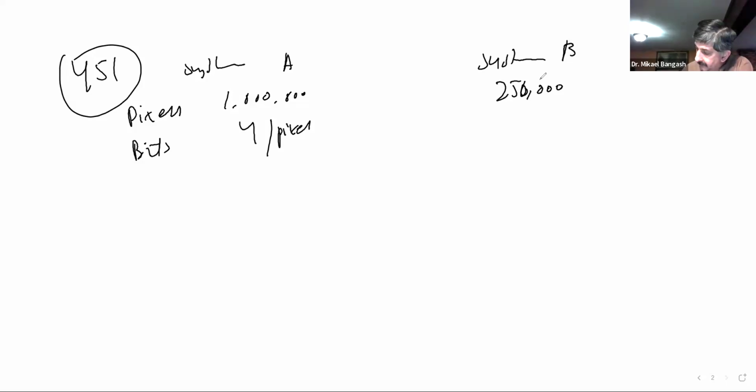System B has 250,000 pixels and 12 bits per pixel. Now this system is most likely going to display images with very subtle differences in the grayscale. Guys, does anybody know what this word means?